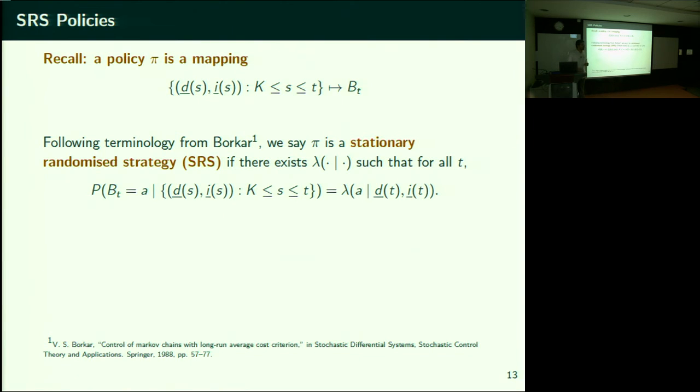You're going to add to the history BS minus 1, for S between K and T. So in the lambda A given DT, IT, will you have BT minus 1? I think that's his question. Oh no, that won't be there.